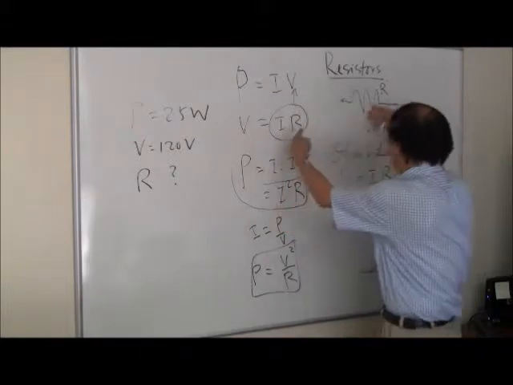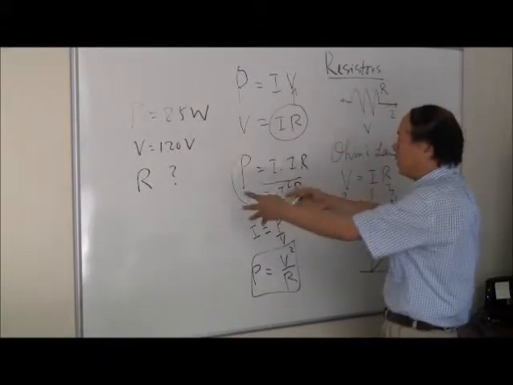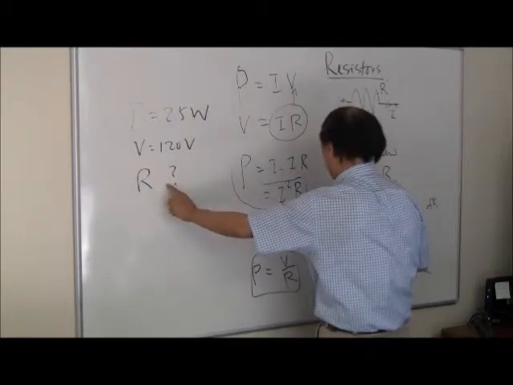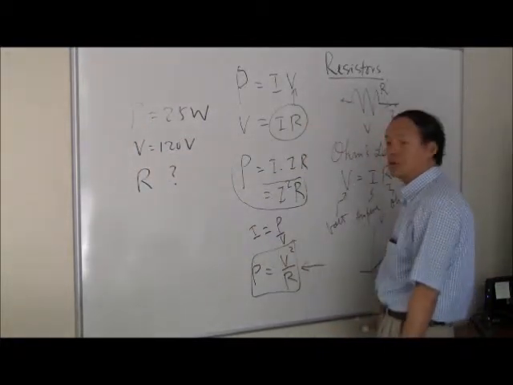The third thing, which is unknown here, is the resistance. So you look at all these equations and pick the one with the known P and V, and obviously you'll be using this equation.